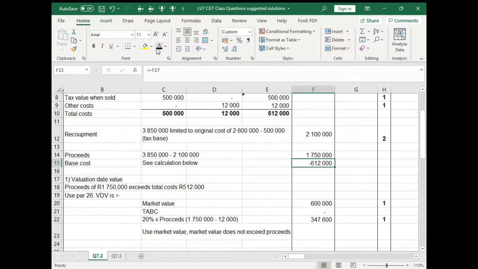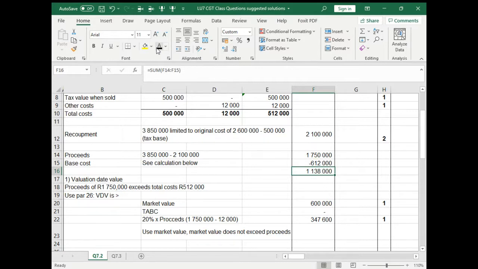Okay? Are you okay up to there? That means our capital gain is the difference between those, which should give you a value of, let's just quickly see, 1.138 million. Okay, which is the capital gain. Now normally in the question you would have other assets as well, so you would have to go add all the capital gains plus any capital losses to work out the aggregate capital gain or loss.